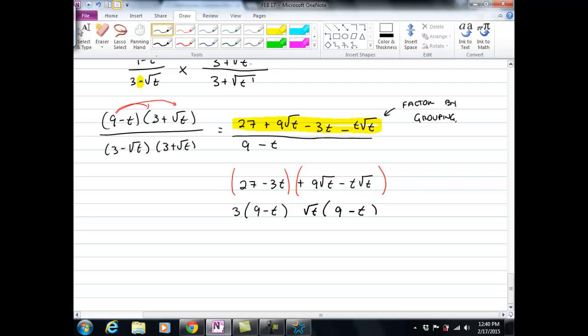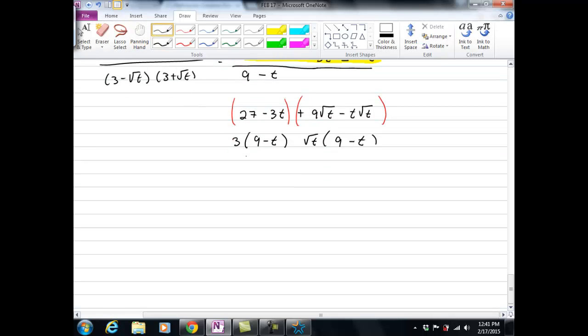The moment my 2 brackets are the same, I'm in good shape. So I'm going to factor out that same bracket. This now becomes 9 minus t times 3 plus root t, all over 9 minus t.